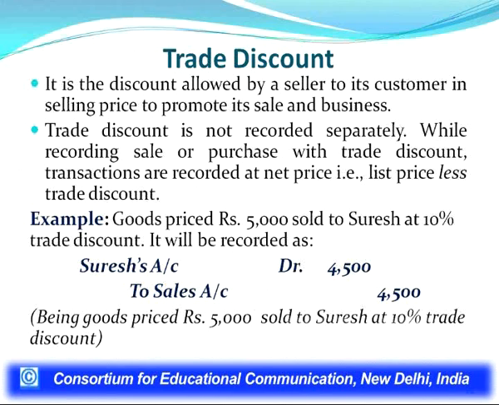For our future reference, we could record this discount in the narration. Here we have mentioned, being goods priced rupees 5,000 sold to Suresh at 10% trade discount. So, we have seen that the trade discount is not shown separately. The transactions of purchase or sale are recorded in books at net sale price or purchase price.